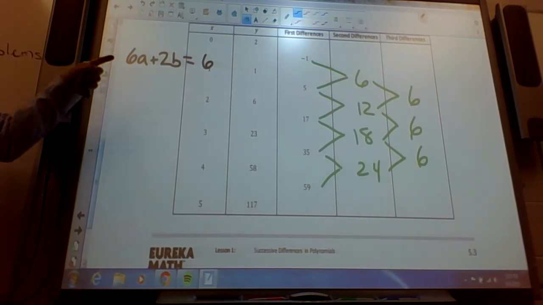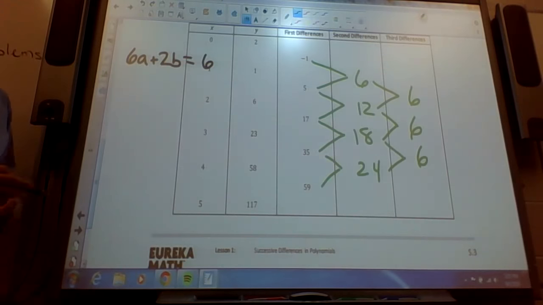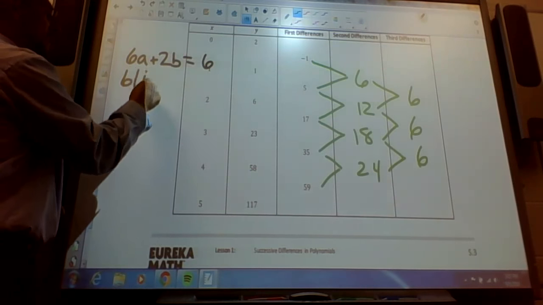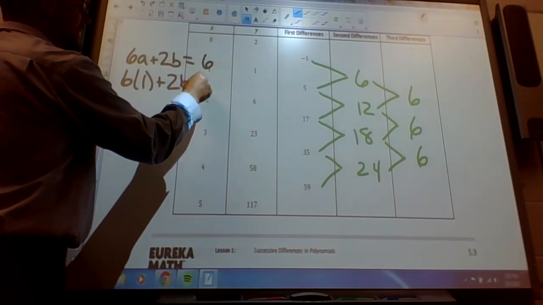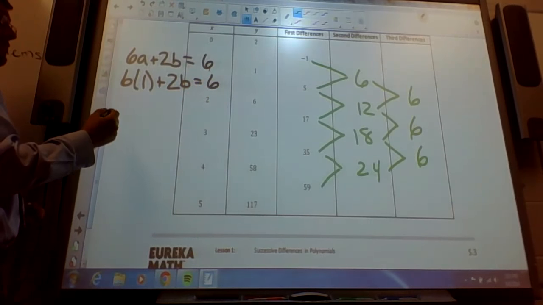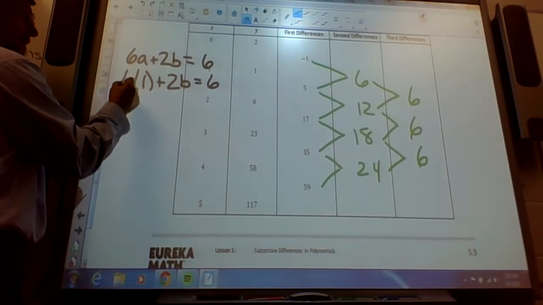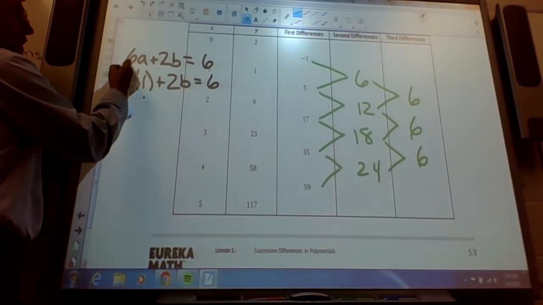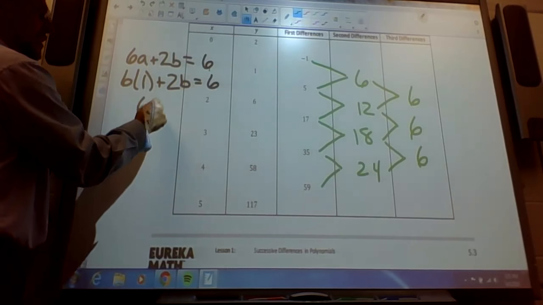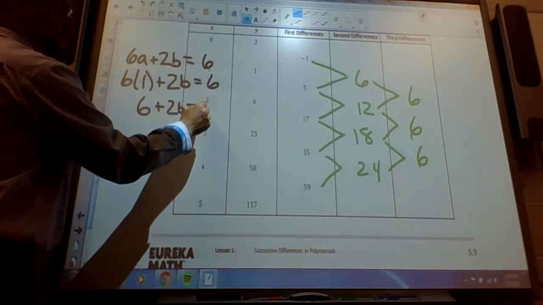And I know a is 1, right? So 6 times 1 plus 2b equals 6. Simplify this, Bailey. That's 6 plus 2b equals 6.